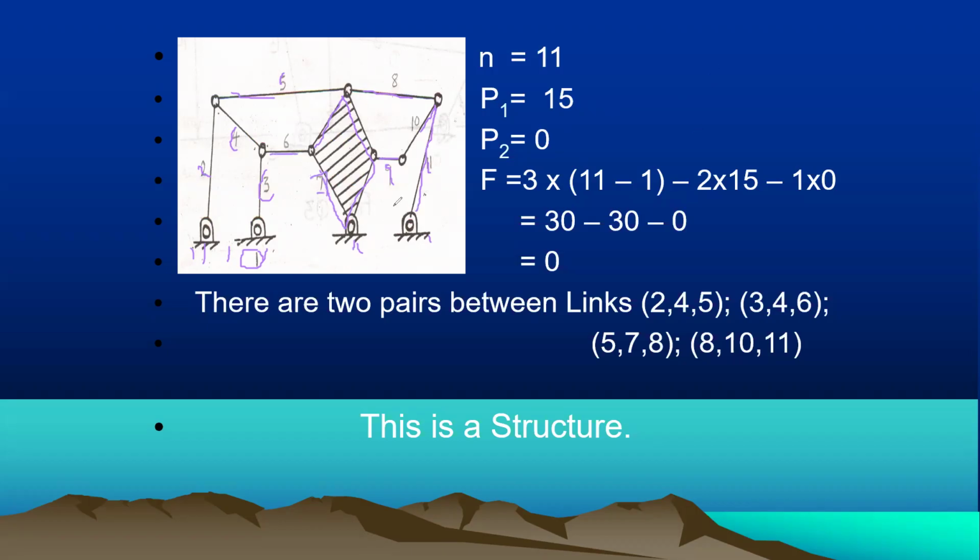So the total number of links in this are 11. When you count 1, 2, 3, 4, 5, 6, 7, 8, 9, 10, 11. So we have 11, right? How about the joints? When you count the joints, you realize that here we have pairs.